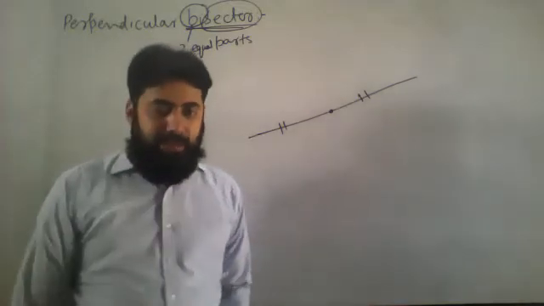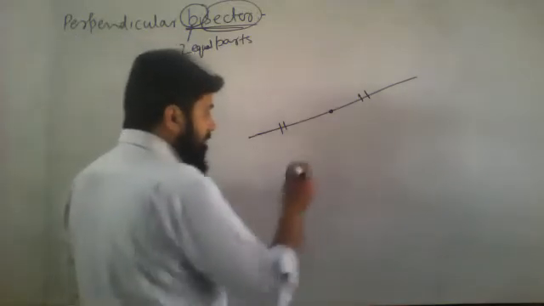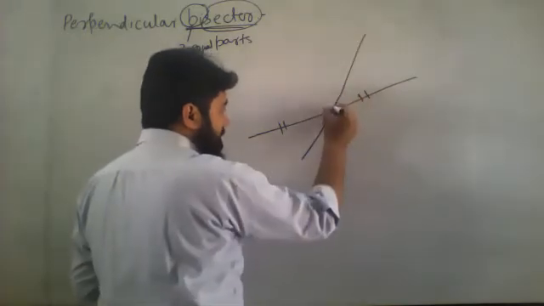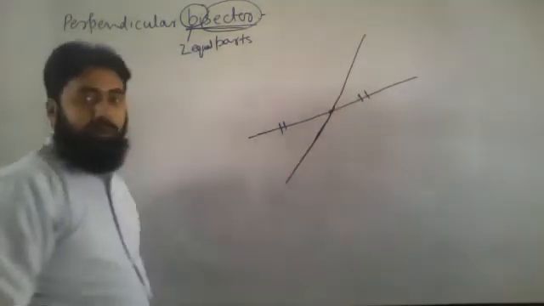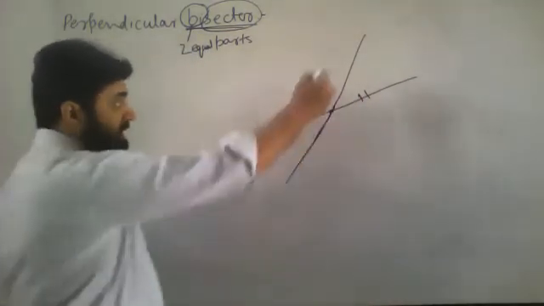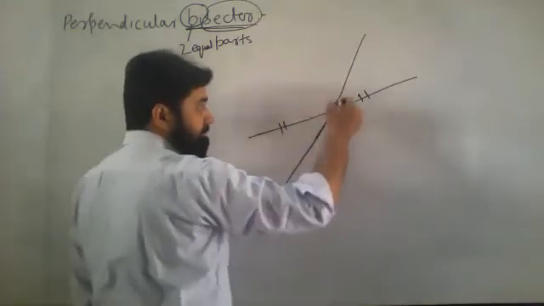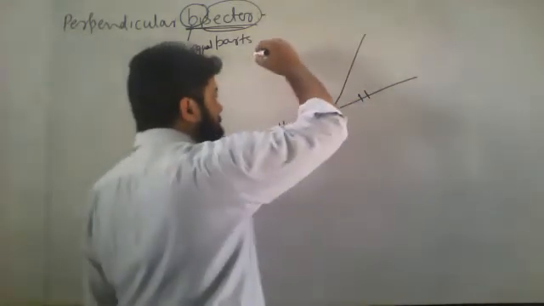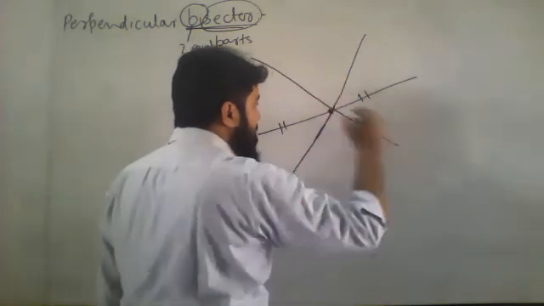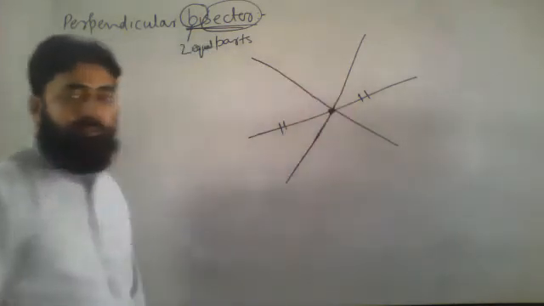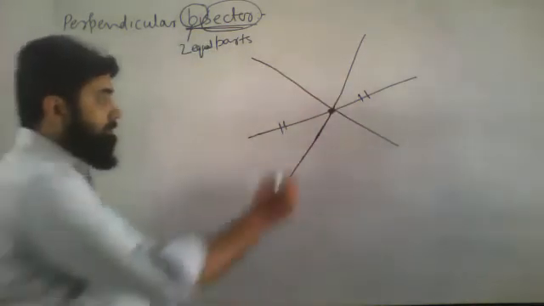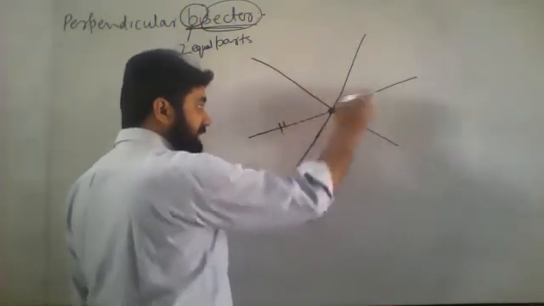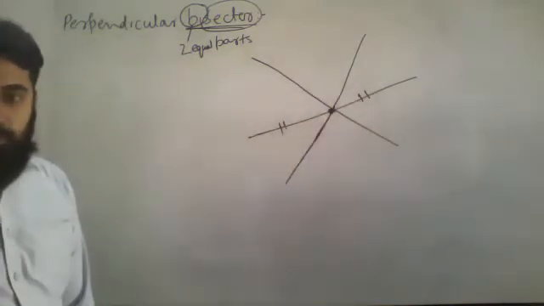I can have a bisected line like this, that is also bisection. This line is bisecting this one. Or this is also bisection, right? Passing from the point which is dividing the line into two equal parts.